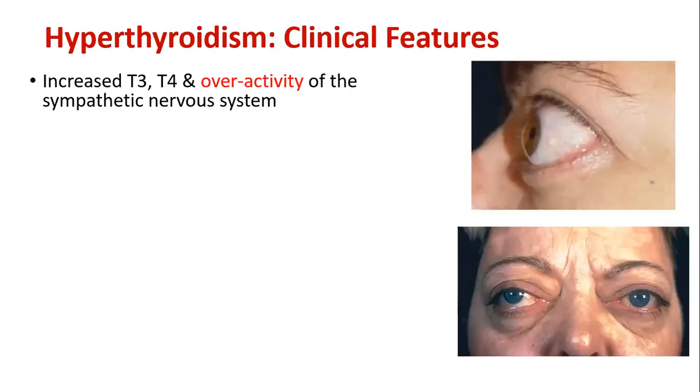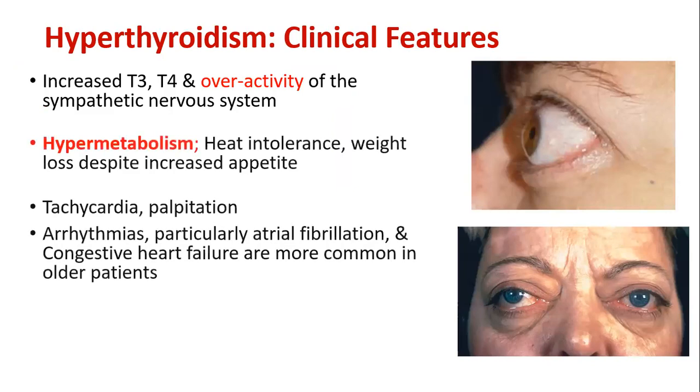So what is the clinical presentation? When there is a high level of T3, T4, overactivity of the sympathetic nervous system happens, in association with the high level of thyroid hormone, a hypermetabolic state. The clinical presentation of a hypermetabolic state: heat intolerance. So these people you very often come across.